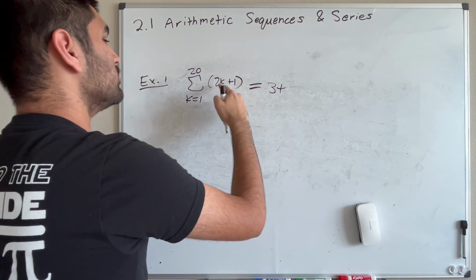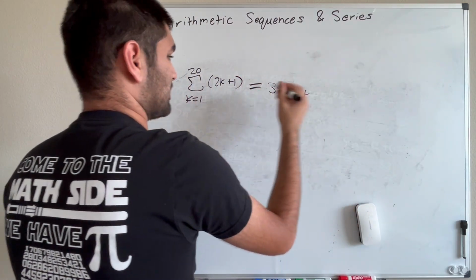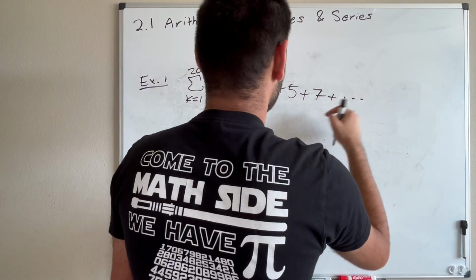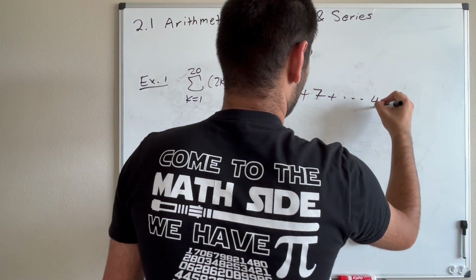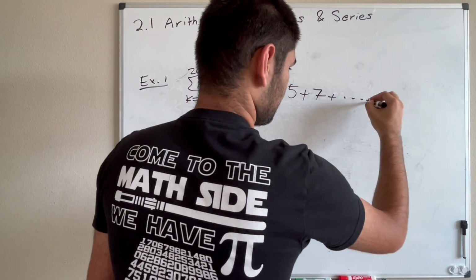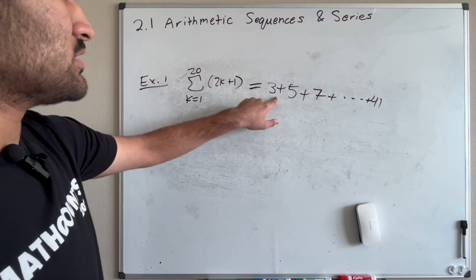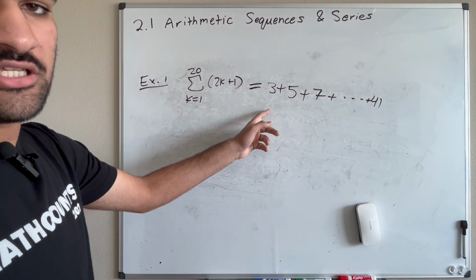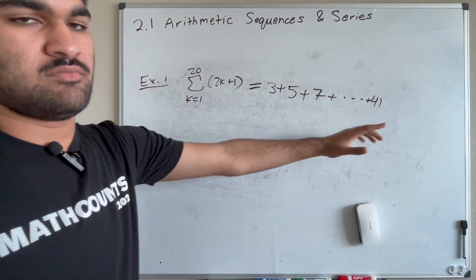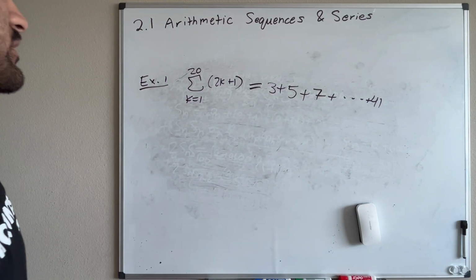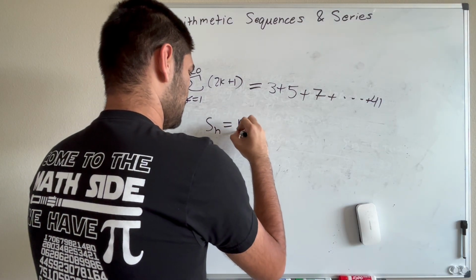When k is equal to 2, you get 2 times 2, 4 plus 1 is 5. When k is 3, you get 7, and it keeps going like this until 20, so that would be 41. Okay, so notice how this is an arithmetic sequence or series, because each time we're adding 2 to get the next term. All right, so we can just use the formula for arithmetic series.